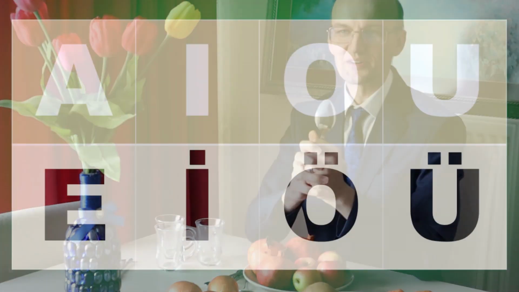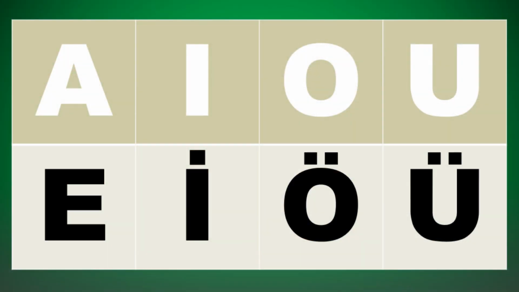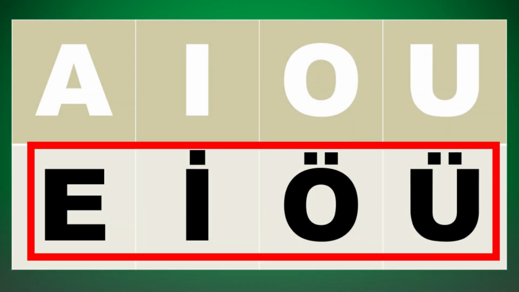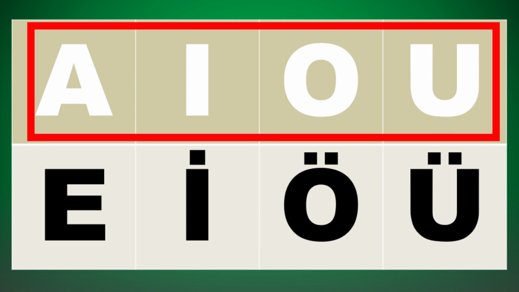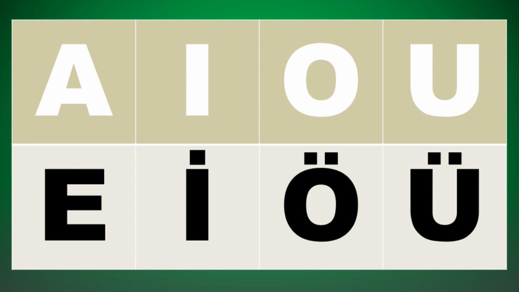So the vowels, all the vowels, we can divide them into two. And you know, Turkish vowels are actually 8. So you can draw them on a table with 4 being the so-called front vowels and 4 of them being so-called back vowels. So listen, which ones are the back ones?